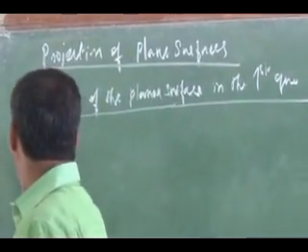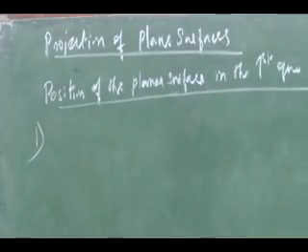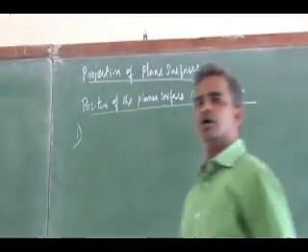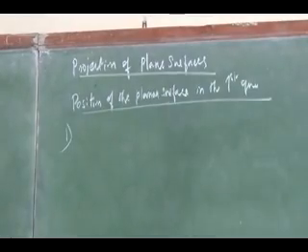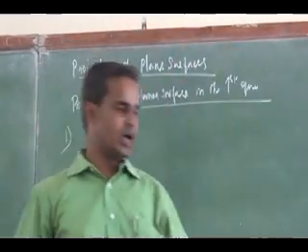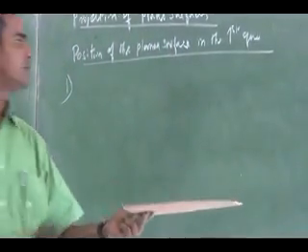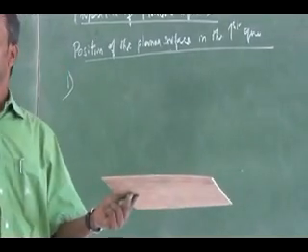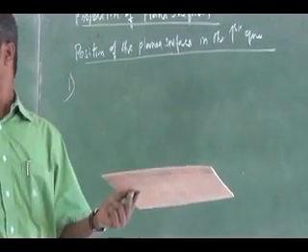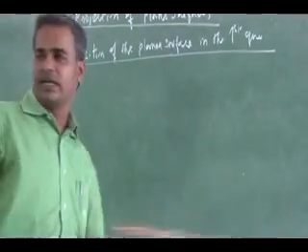First position, if I consider a square plane, how is it with respect to the horizontal plane and the vertical plane? It is parallel to the horizontal plane and perpendicular to the vertical plane.